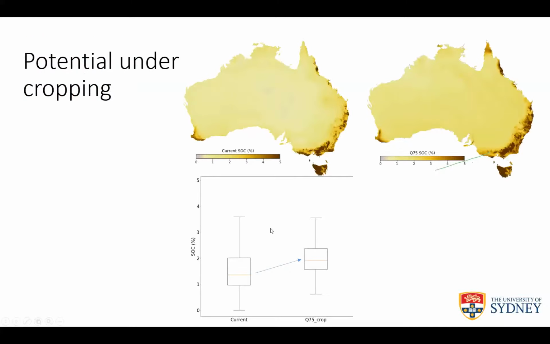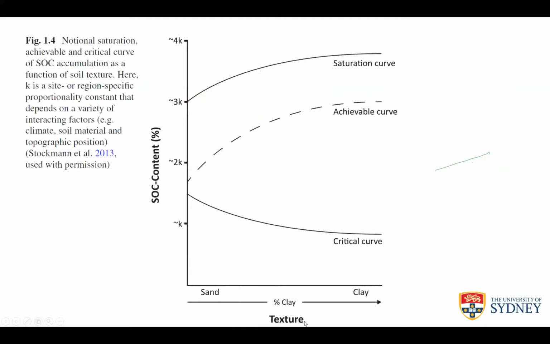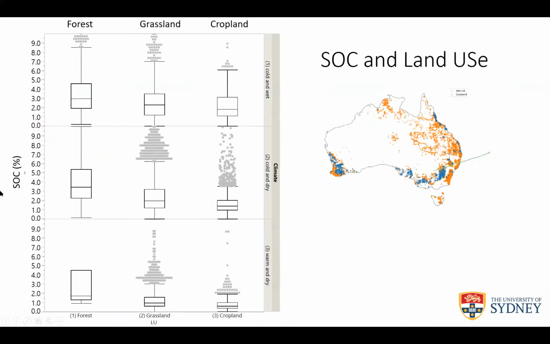So based on that, we can calculate not just based on the texture, but also based on the climate and the vegetation. If you're under warm and dry conditions under cropland, you're not going to have a carbon content that is, if you look at it, less than 1%.